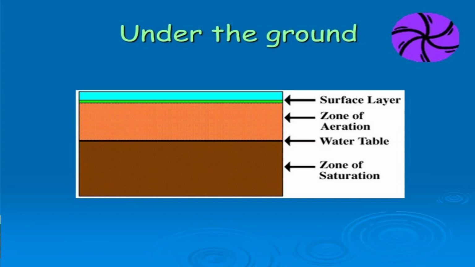It may appear closer to the surface near streams and marshes. The area below the water table is known as the zone of saturation. The zone between the earth's surface and the water table is called the zone of variation. And the water-bearing rock mass is known as an aquifer.